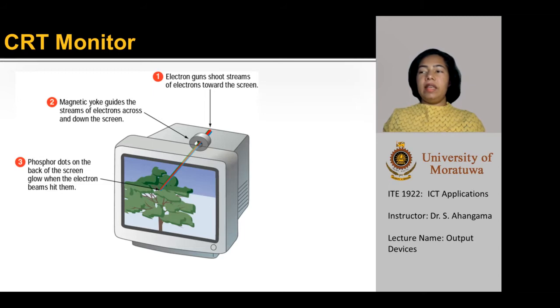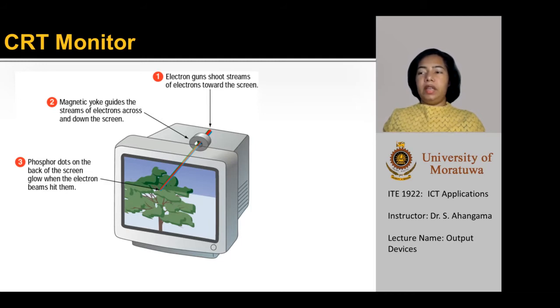As you can see in this image, a CRT has an electron gun at its back. The gun fires electron beams through a magnetic yoke that aims the beam at the screen.